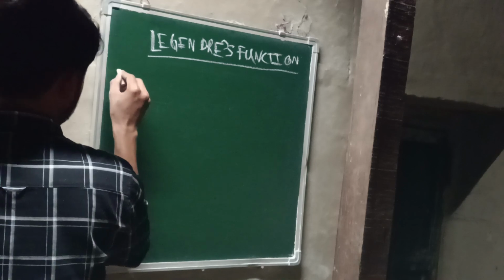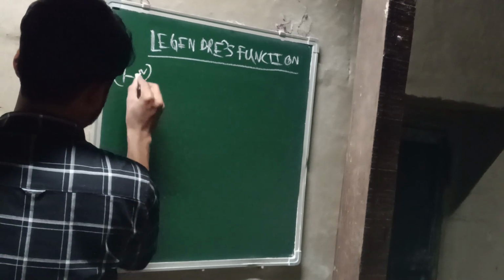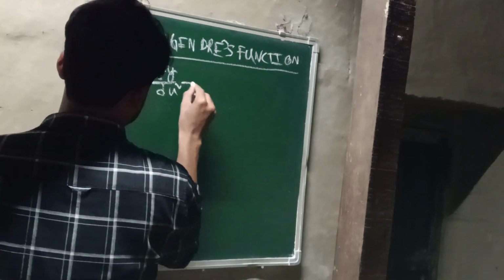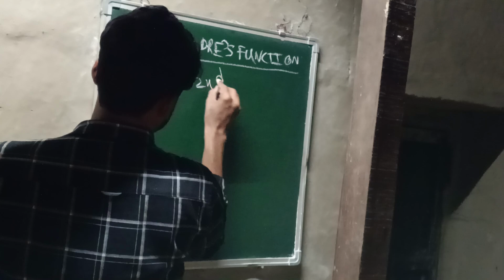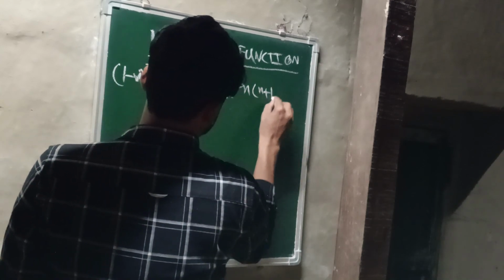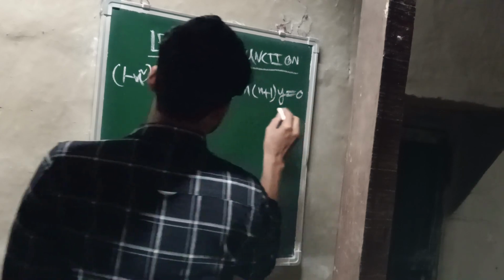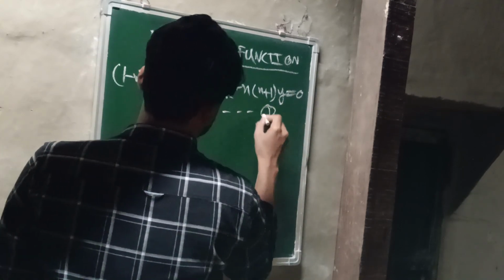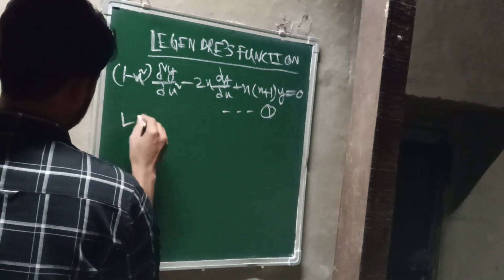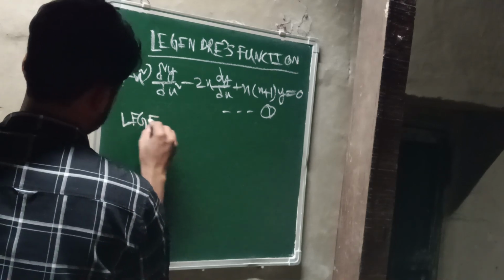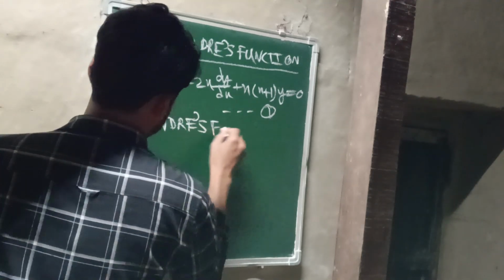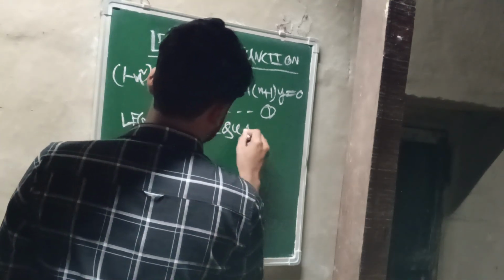The differential equation (1 minus x square) d2y by dx square minus 2x dy by dx plus n into (n plus 1) into y equal 0 is called Legendre's equation.